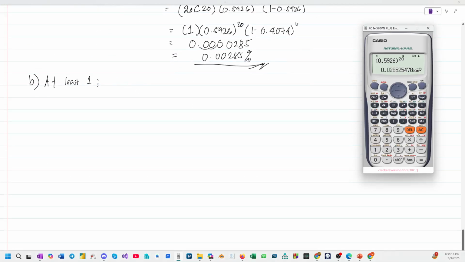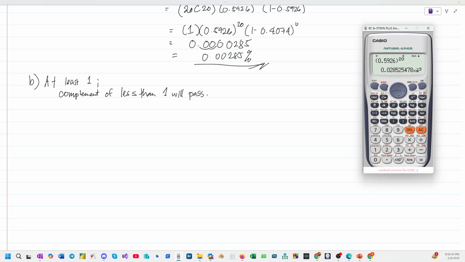So, pwede natin sabihin na complement of less than 1 will pass.